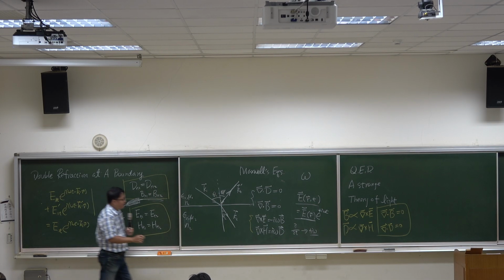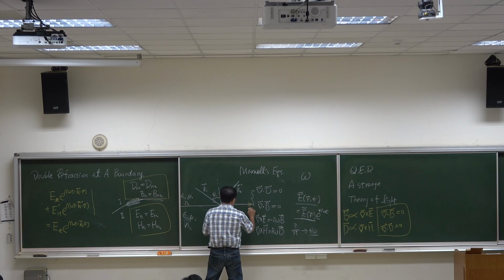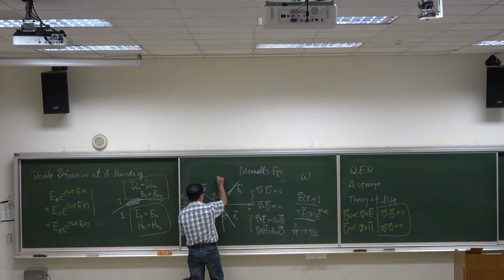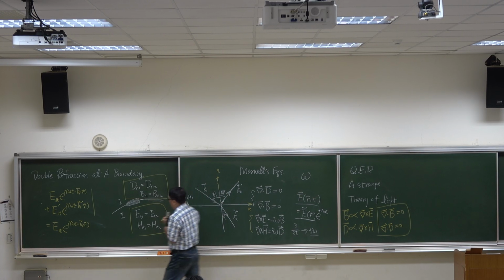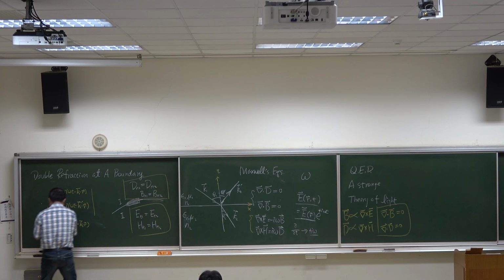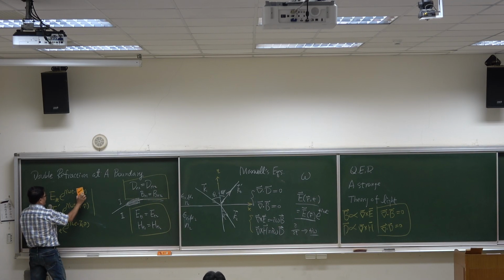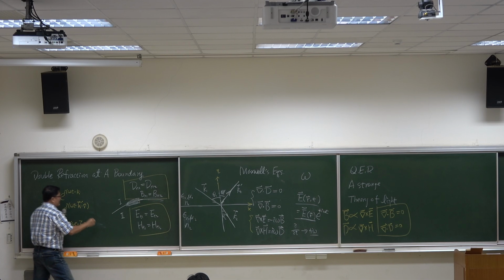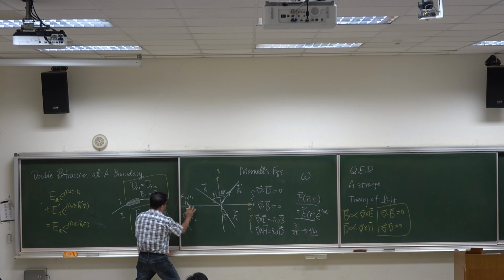Surface means, say this is the x-axis and this is the z-axis. Only the kx component needs to be considered, because now we set the surface to be z equal to 0.